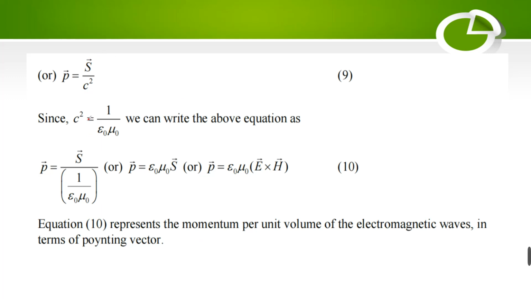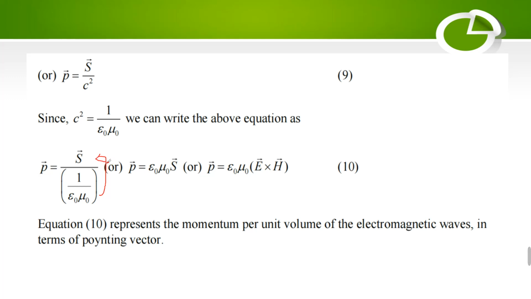What is the value of c square? c square is equal to 1 by epsilon naught mu naught. So when we substitute this in the above equation, P vector is equal to S vector by 1 by epsilon naught mu naught. This 1 by epsilon naught mu naught will go to the numerator by multiplication.